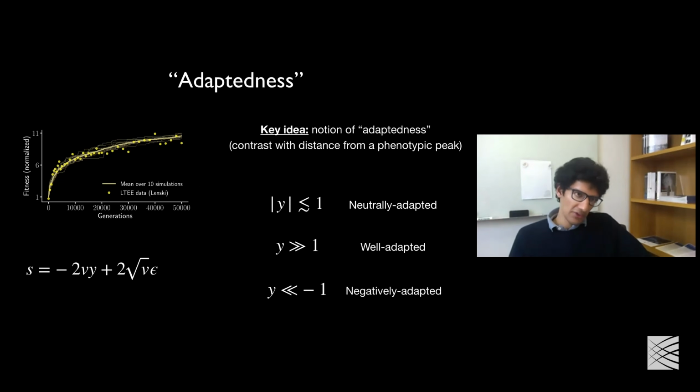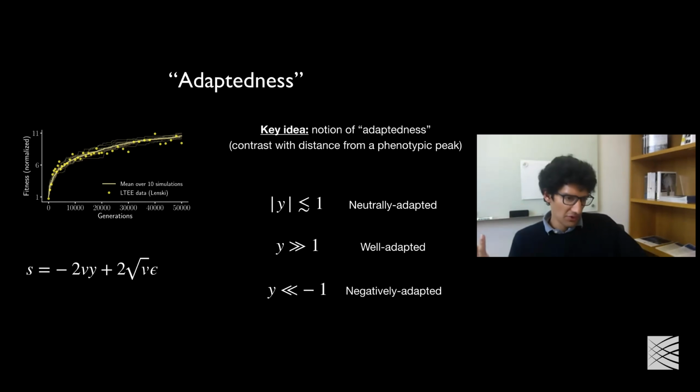And the intuition of why this specific shape comes about is that initially you're neutrally adapted, so this linear negative effect is not there. Mutations are not reversing the effects of the previous mutations that have occurred over the course of evolution, so they're essentially having random effects.